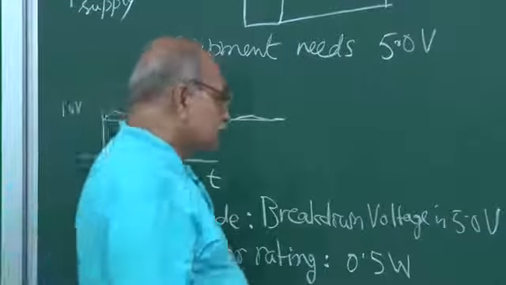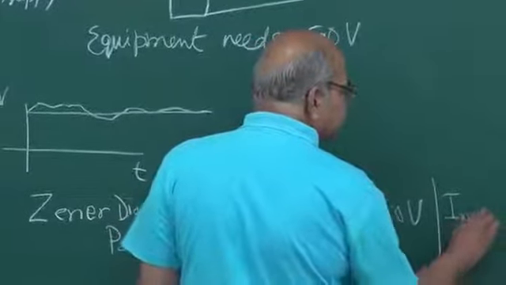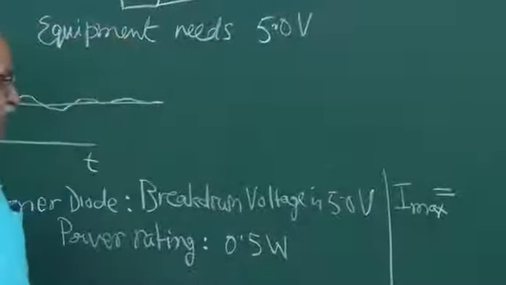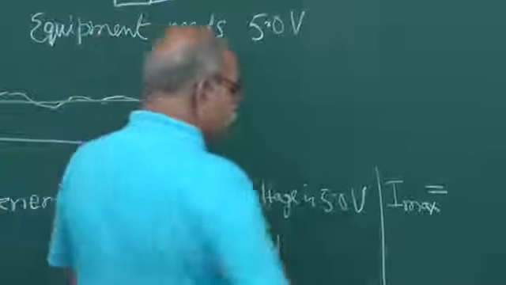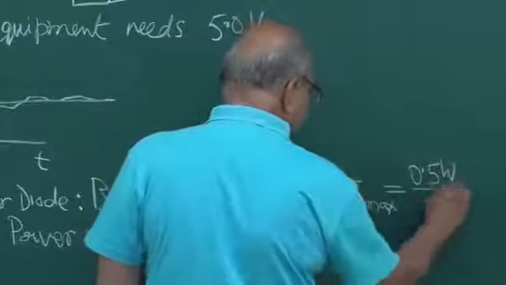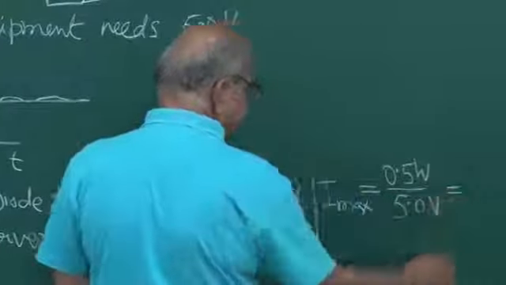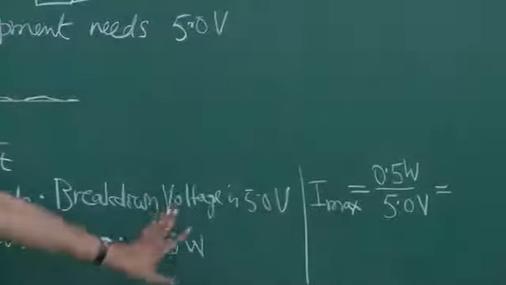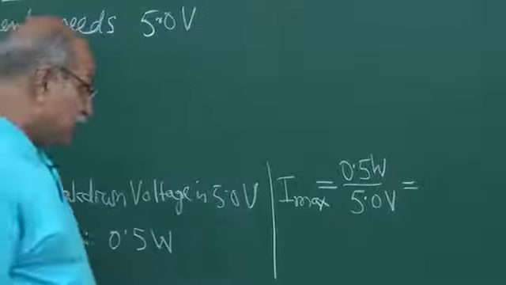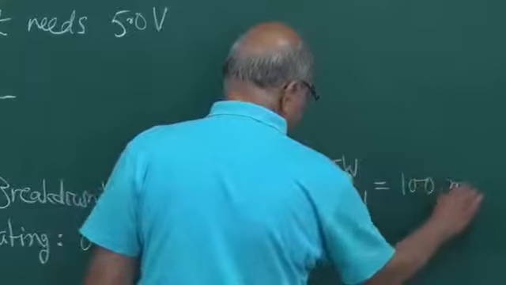What does that mean? The maximum current which can go through this Zener is what? V into I is power, so it should be 0.5 watt divided by 5.0 volts. That should be the maximum current, and that is 0.1 ampere or 100 milliampere.